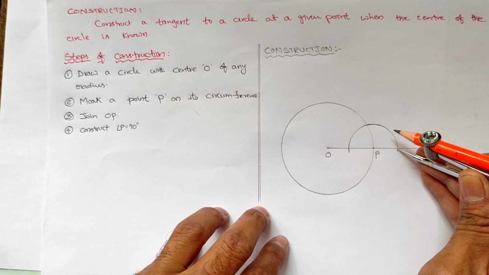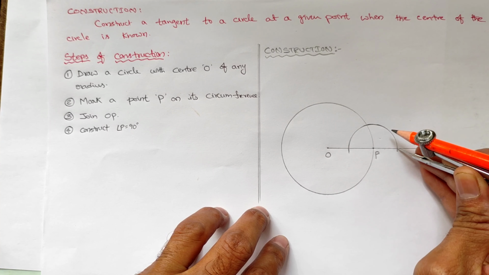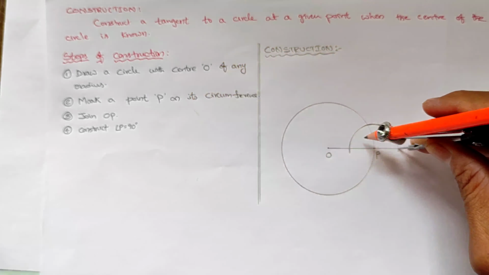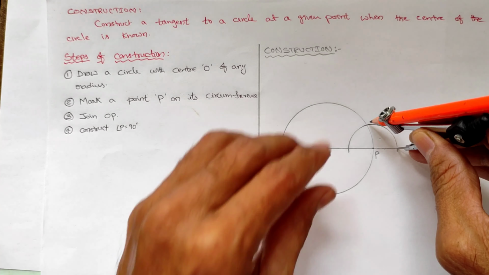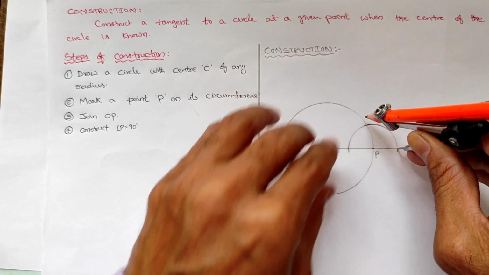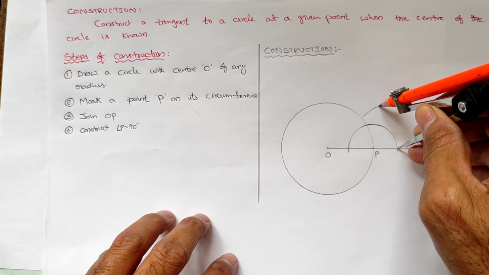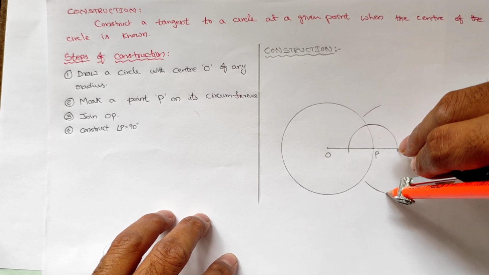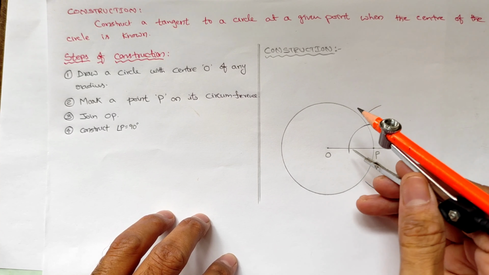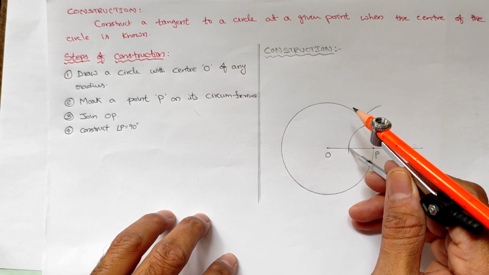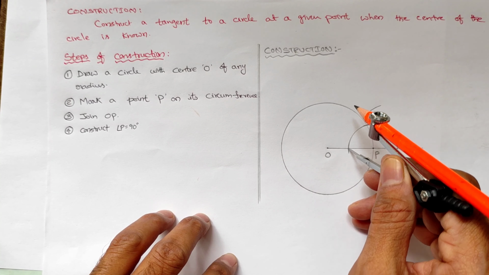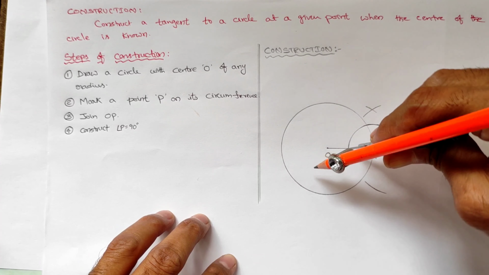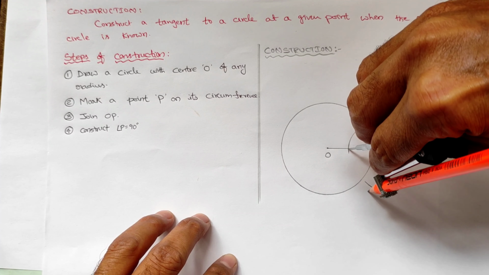That means we can take this position, approximately more than half of the radius, and cut one arc above it and one arc below this. Now keep the position here, and again cut the previous arc, and here also cut this previous arc.